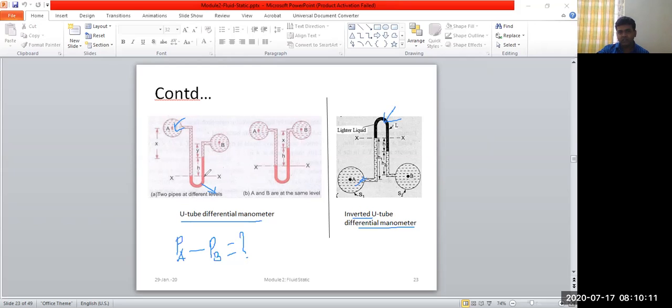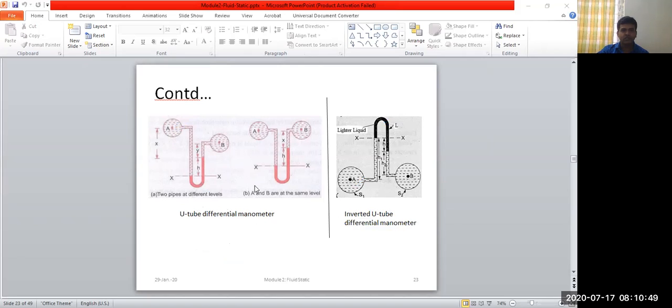Here, in the U-tube differential manometer, the density of the liquid in the U-tube is higher than the density of the liquid flowing in the pipe. Here the heavy liquid, and the light liquid is in case of the inverted U-tube manometer. So this is the difference between the U-tube differential manometer and the inverted U-tube differential manometer.